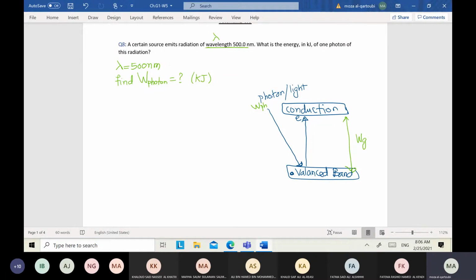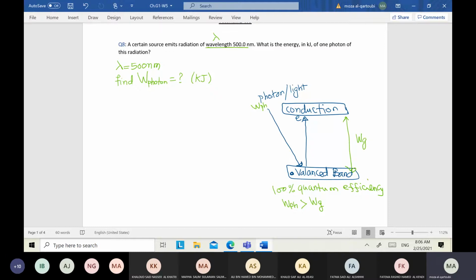This note or theory is called 100% quantum efficiency. So if we have 100% or unity quantum efficiency, that means the energy of the photon is greater than the energy of the band gap, and each one photon will create one exciton. So back to our question, we need to find W of photon.